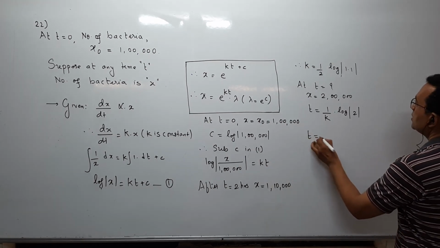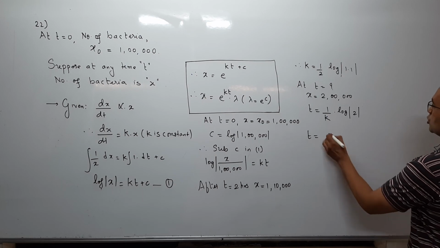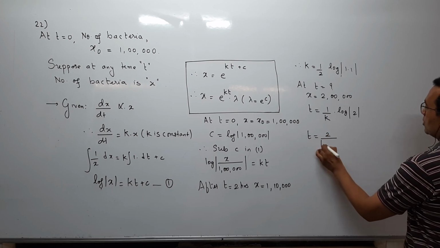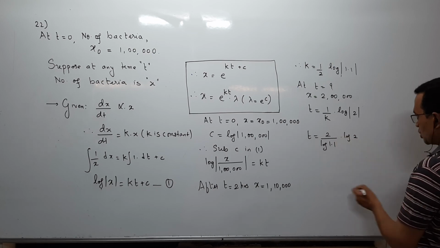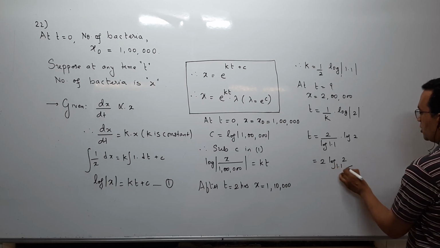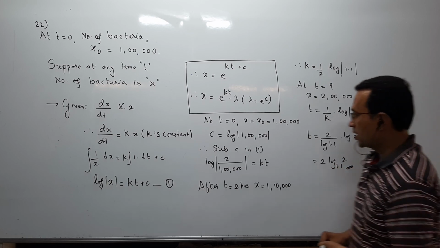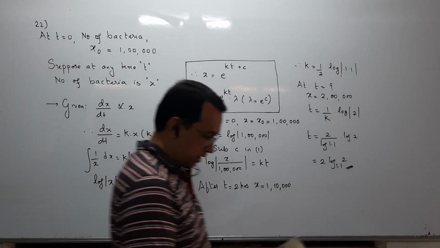So t will be, k being 1 upon, so 2 upon log 1.1, into log 2. So I can write 2 into log 2 base 1.1 hours. After this many hours, the bacteria, students, will grow to double the initial.